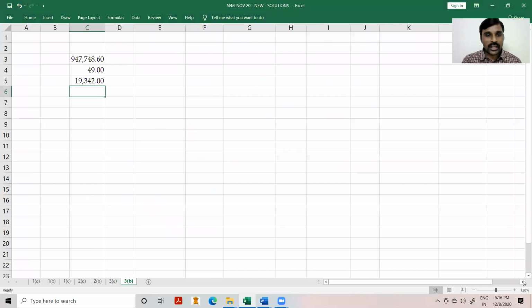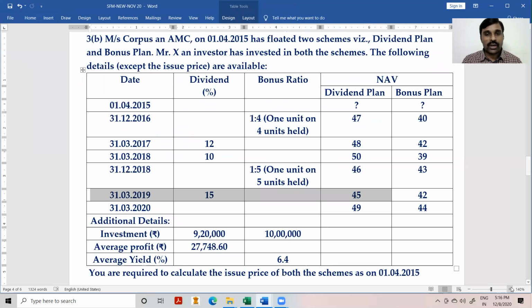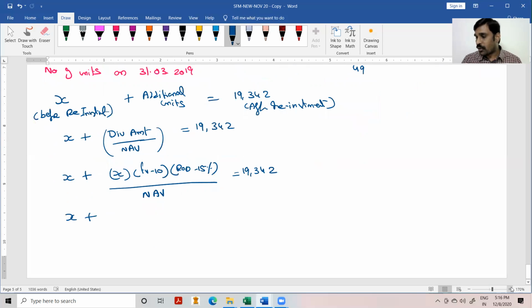Look at the question, the rate of dividend is 15%. That means 1.5 rupees per unit, since the face value is 10. So the dividend amount per unit is 1.5, and the total dividend amount is 1.5x.